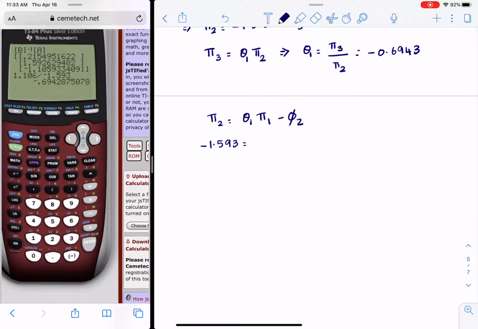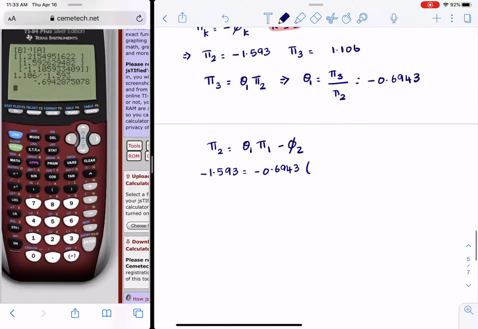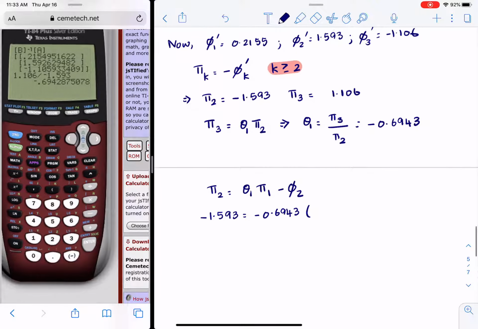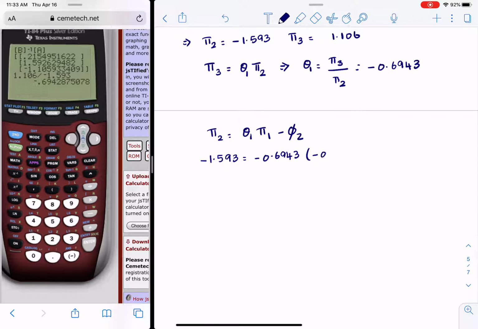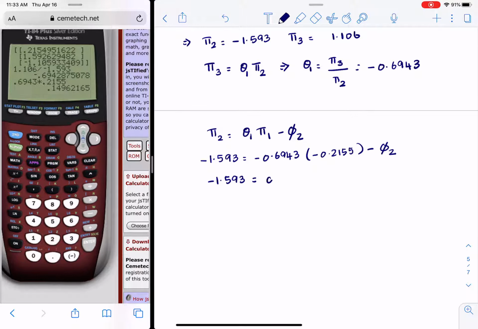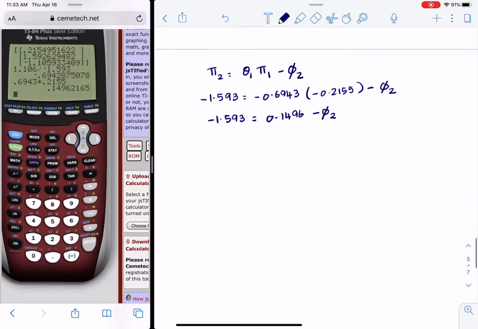We just found theta 1, which is negative 0.6943. We know pi 1, which is negative 0.2155 minus phi 2. So negative 1.593 would equal 0.6943 times 0.2155, 0.1496, minus phi 2.